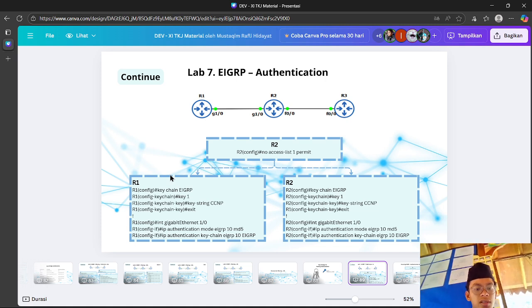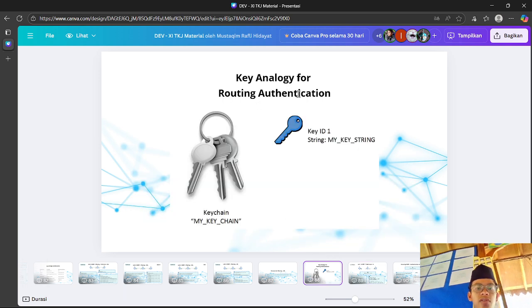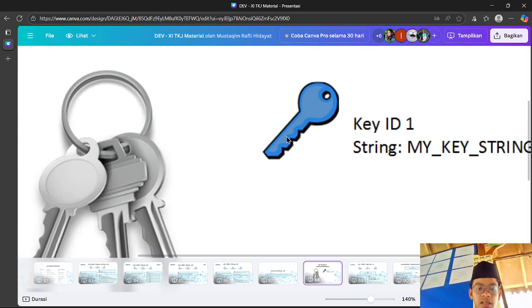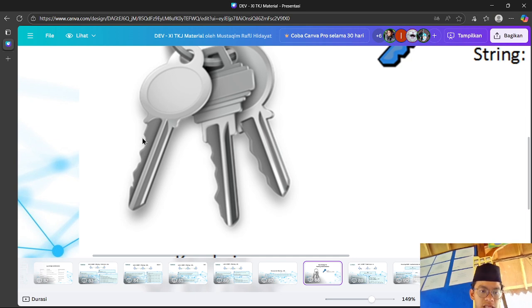In lab 7, EIGRP authentication, we continue again from lab 3. You guys do the key chain, an analogy for routing authentication, which has a key string. Key string means the teeth of a key, in Indonesian, gigi kunci, explained in Indonesian to make it easy. The key string is the teeth, the teeth in the door.